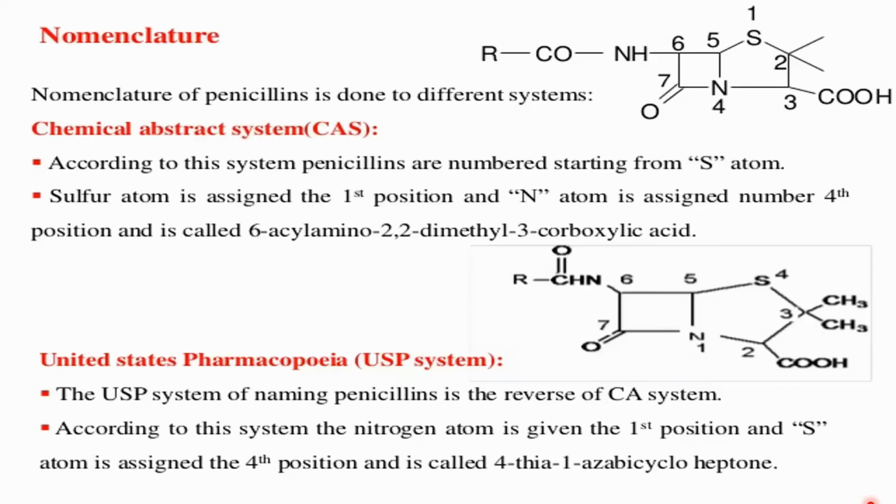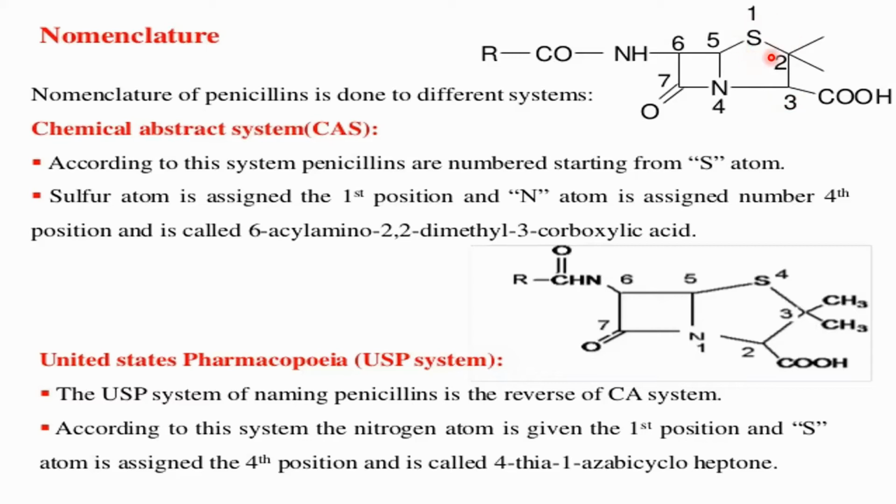Next is the nomenclature part. Generally, the nomenclature of penicillin is done in two different systems. One is the Chemical Abstract System, also known as CAS, and the other is the United States Pharmacopoeia system. According to these two systems, the naming of the compound is done. In the chemical abstract system, the numbering starts from the sulfur atom.